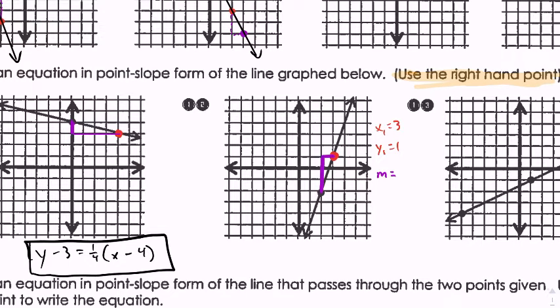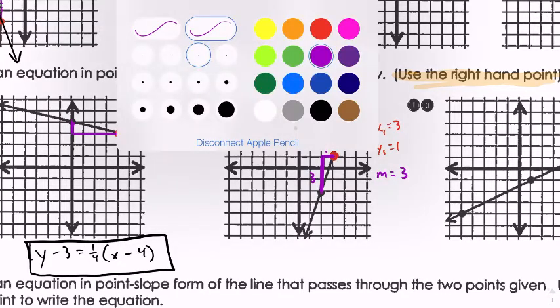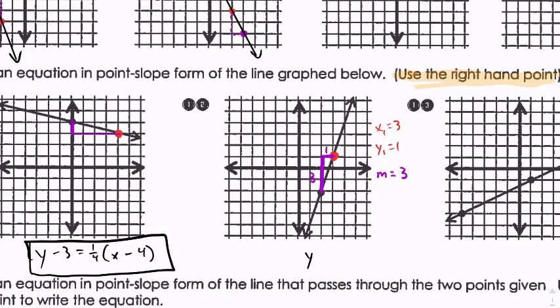The rise is 3, the run is 1. So your slope is 3/1, which is just 3. Now put that into your formula. Y minus y1 equals m times x minus x1. No double negatives, so we are done.